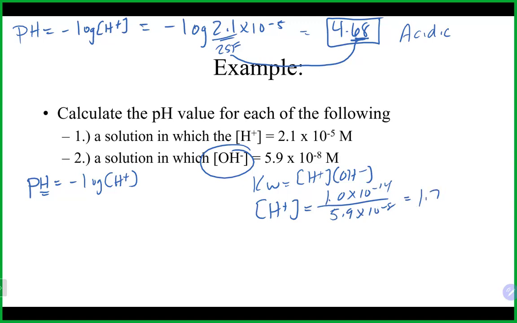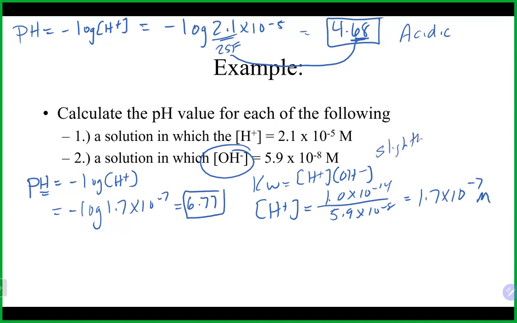We'll call it 1.7 times 10 to the minus 7 molar. Now that I have that, I could go into here, minus the log of 1.7 times 10 to the minus 7. That's going to give me a 6.77, I believe, in terms of my pH. That would be slightly acidic in this case, a little less than 7 there. So it would be slightly acidic.